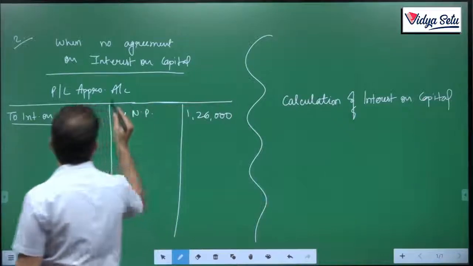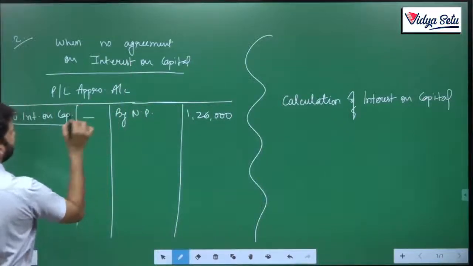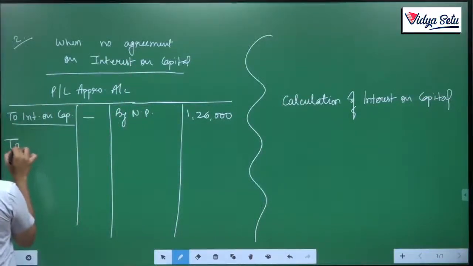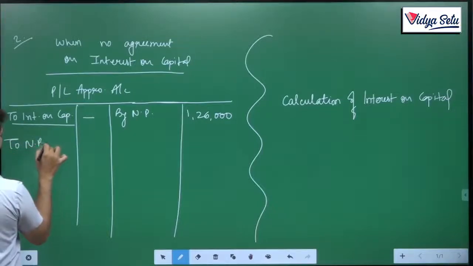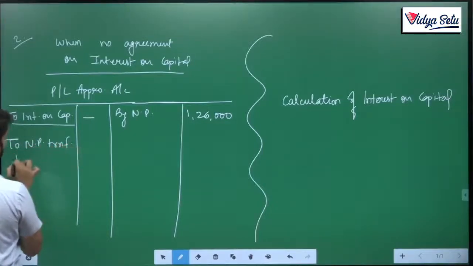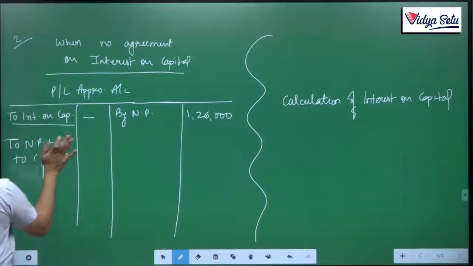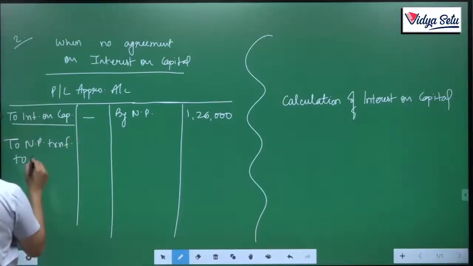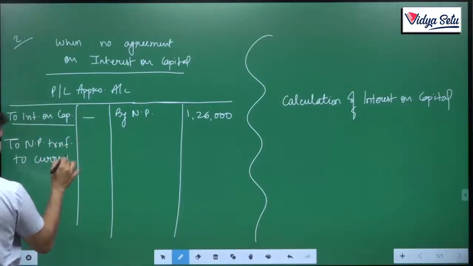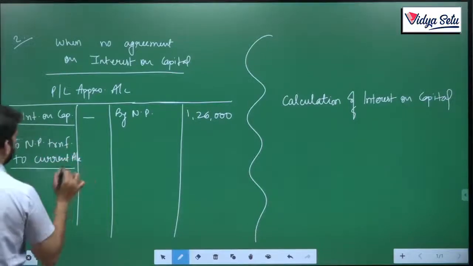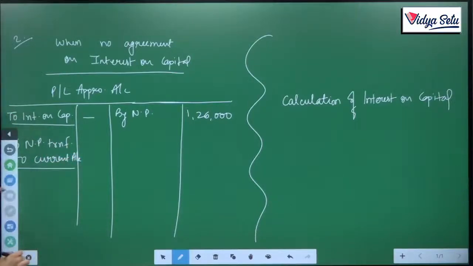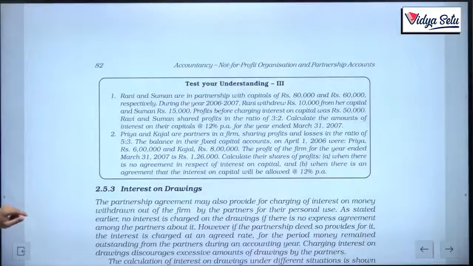Now, when there is no agreement on interest on capital, there will be no interest on capital. So, the entire net profit is transferred to the current account, because it's their fixed capital. What is the profit sharing ratio? 5:3. Okay.